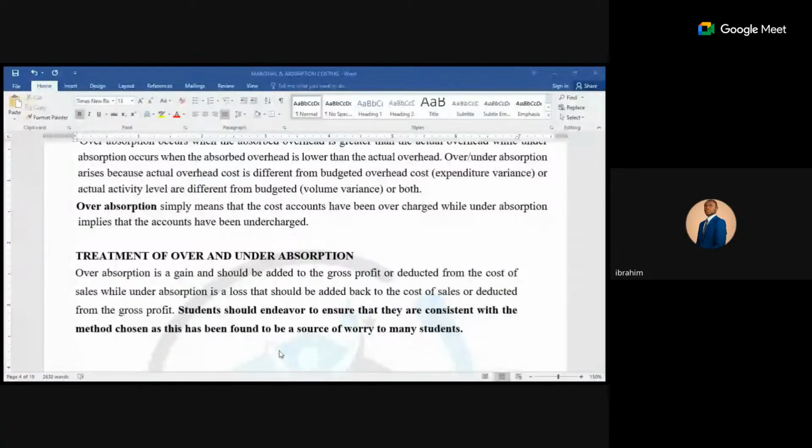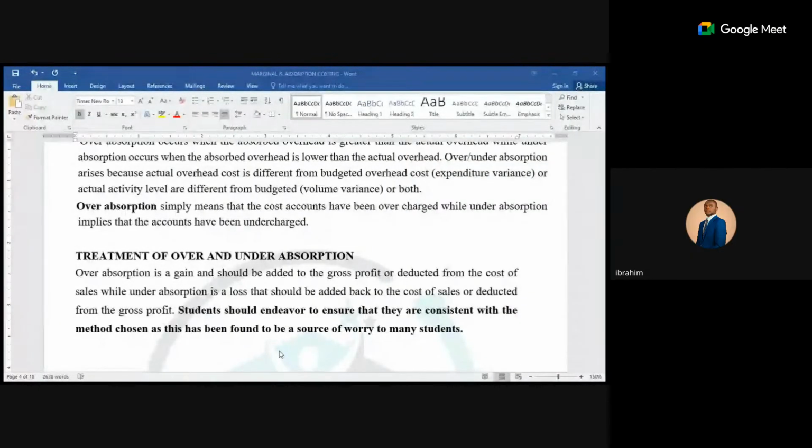Now, my point here is that if you have over absorption, it is a gain. Do you know why? Because over absorption is a gain and should be added to the gross profit, or deducted from the cost of sales. You will be looking at it thinking over absorption is supposed to be an expense.